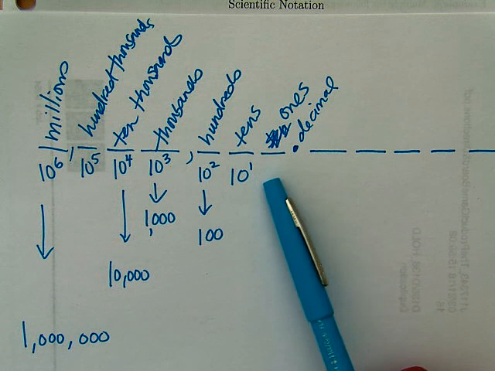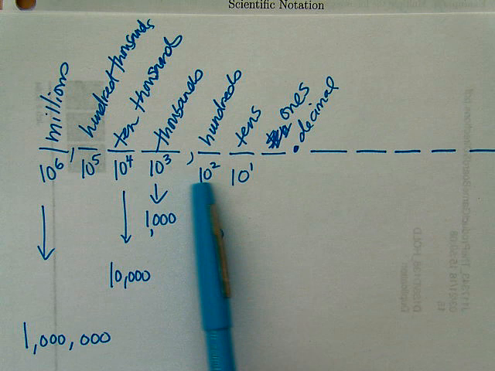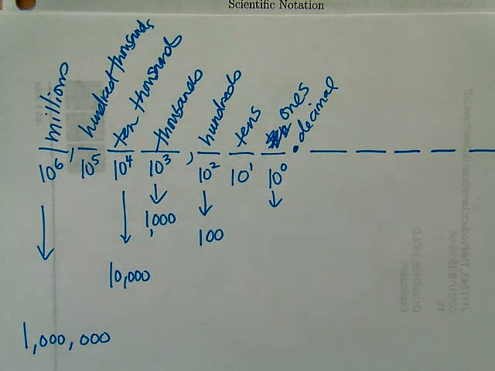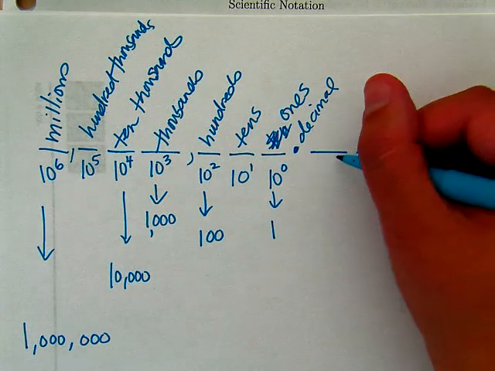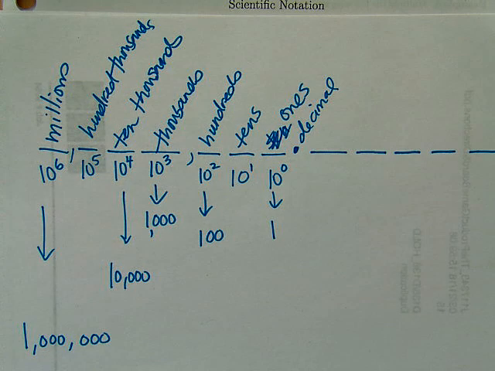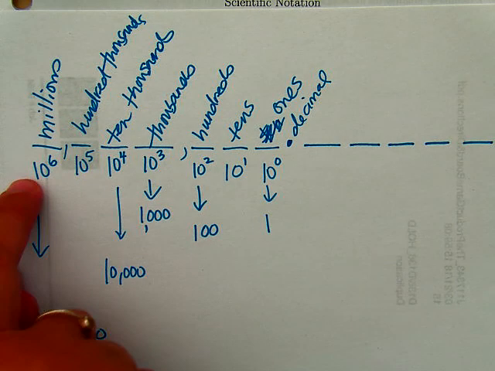Okay, what about 1? You see the pattern, 6, 5, 4, 3, 2, 1. We said that anything to the 0 power is the same thing as 1. Now over here, our decimal places: going up, we're multiplying by 10.